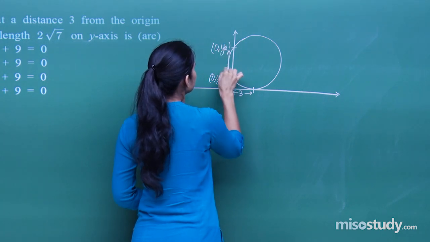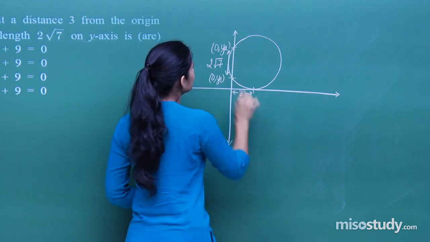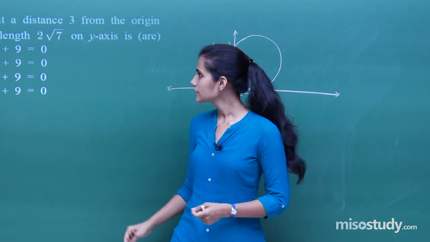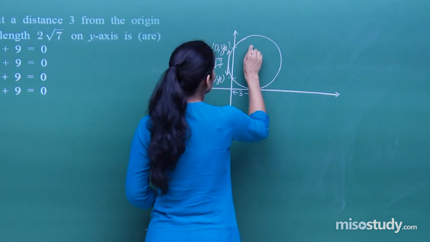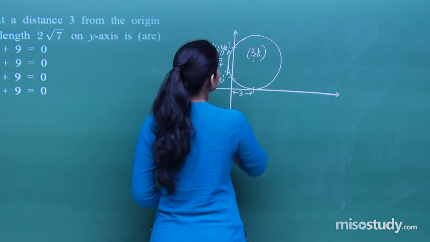Clearly the y-intercept is given as 2√7. The center will obviously be (3, k).